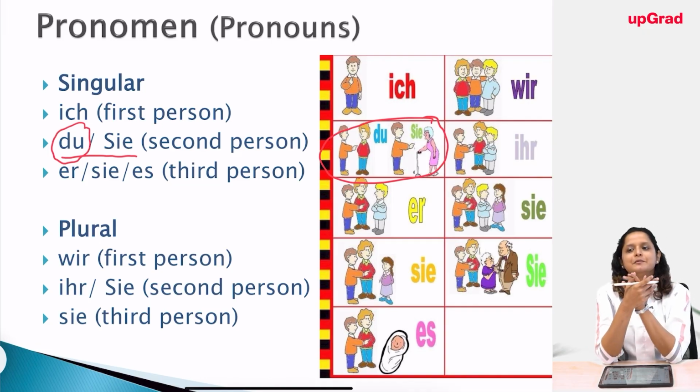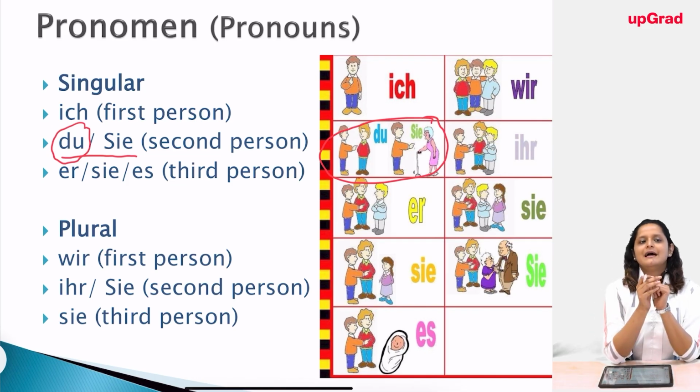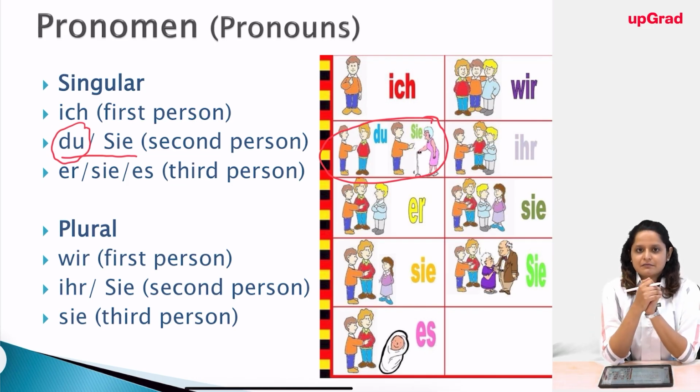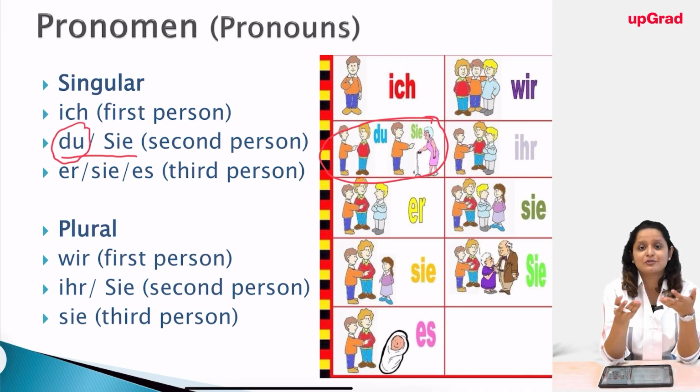Now, the same second person can also be a formal second person. Let's think of a scenario. I am sitting at work talking to my boss. In the same setup, in the same conversation, my rapport with this person is slightly different. I can't talk to him the way I talk to my friend.